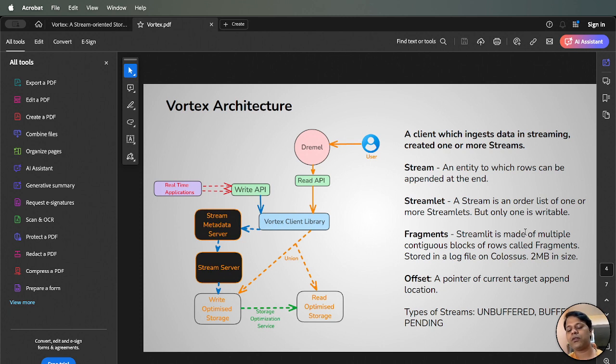The fragments of log files are 2 MB in size. And this offset we will look at in the paper itself, so that it will be easily understood.